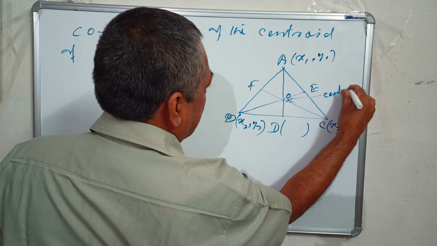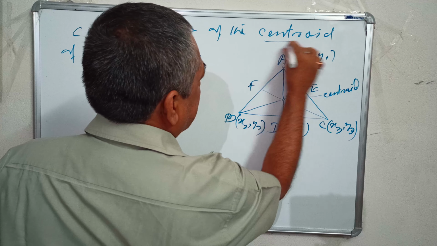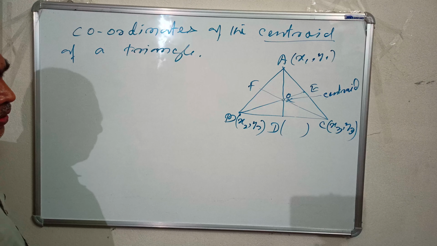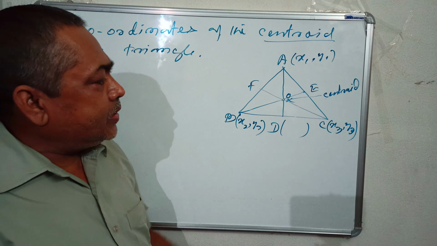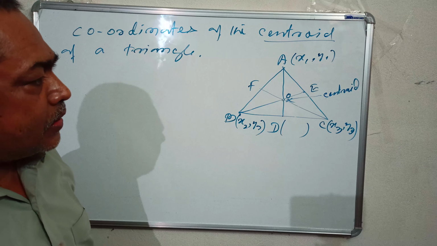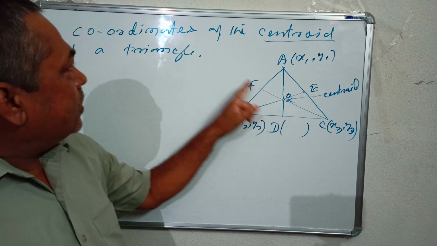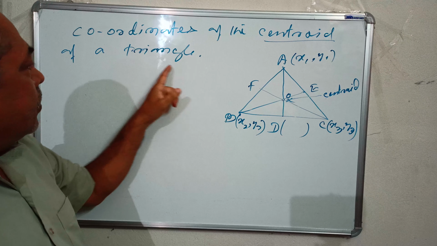So the point of concurrence of all three medians of a triangle is called the centroid.